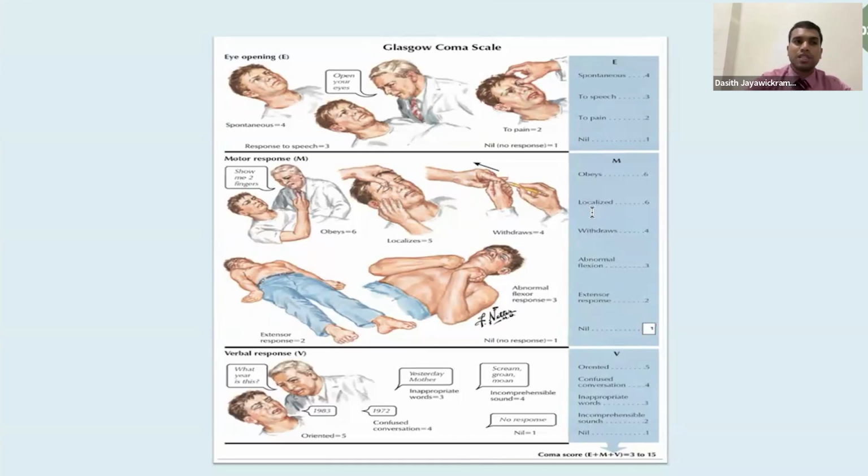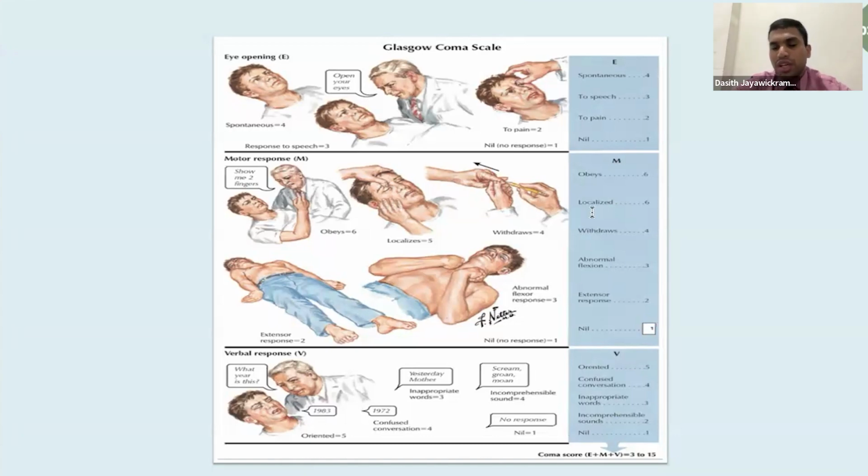If the patient is keeping his eyes shut, but will open and look at you when you speak his name or make a loud sound, then the GCS eye component is 3. But if the patient does not respond to voice, but you pinch the patient and he wakes up, then the GCS eye component is 2. And if there's no response at all in the eyes, it's 1. It's never 0, because the lowest GCS that the patient can have is 3. A dead patient will have a GCS of 3. So the lowest is 1.